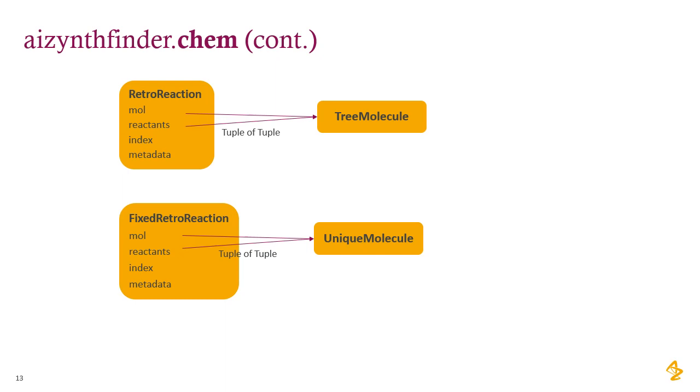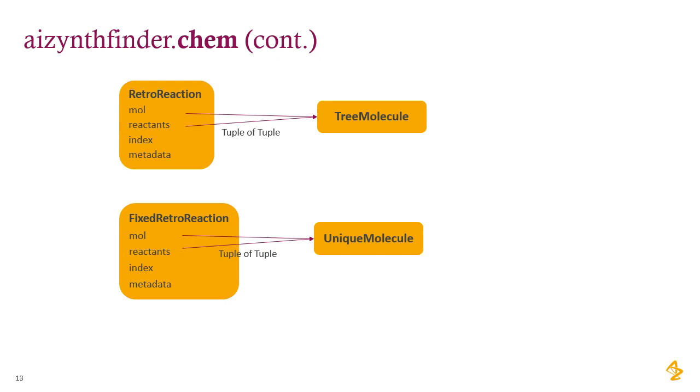In both the retroreaction and the fixed retroreaction, the reactants property is in fact a tuple of tuples of molecule objects. The reason it's a tuple of tuples is that a retroreaction can create more than one set of precursors.